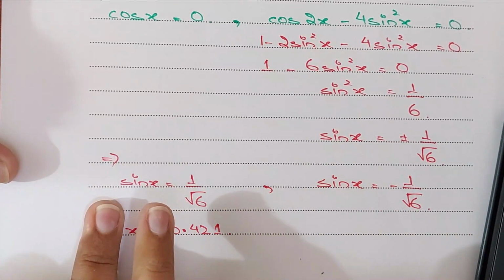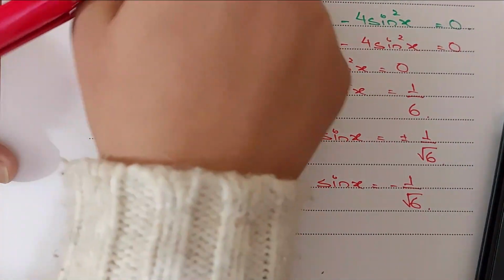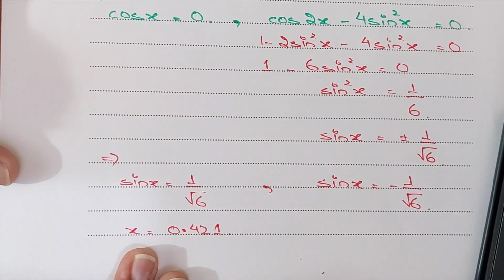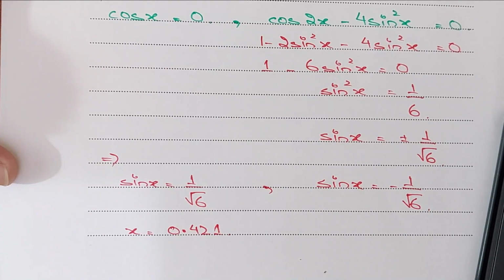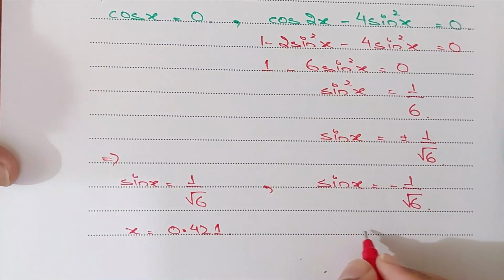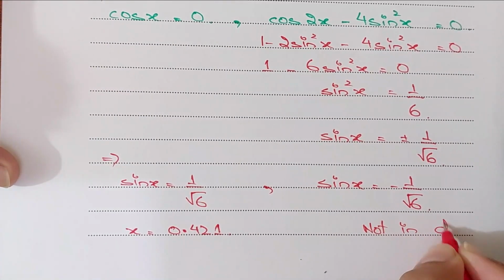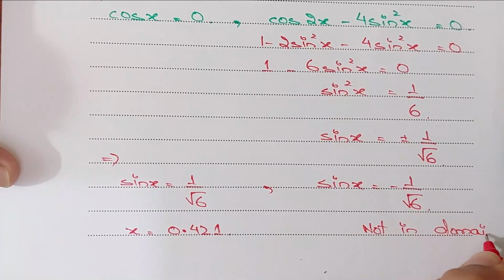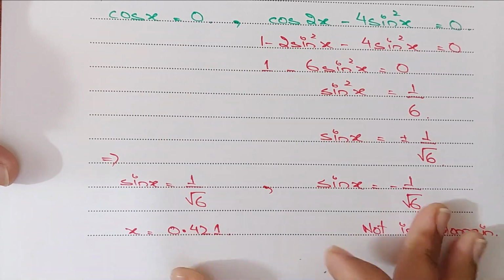And this is positive, so we have to consider the domain between 0 and pi by 2, right? Okay, and sine is negative in which quadrant? Sine is negative in the 3rd and 4th, so we are not considering this one. Not in domain, right? So the only x coordinate for the maximum point is 0.421.